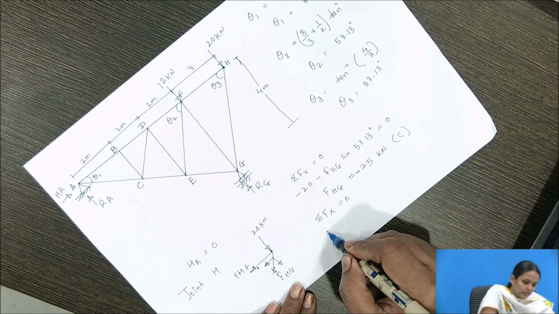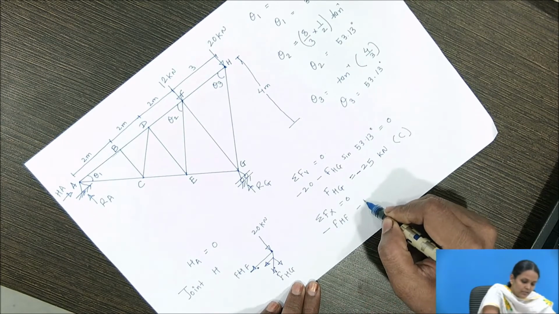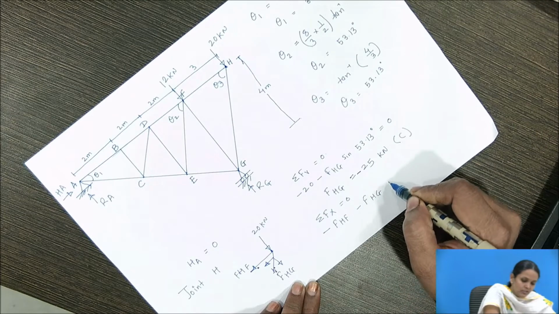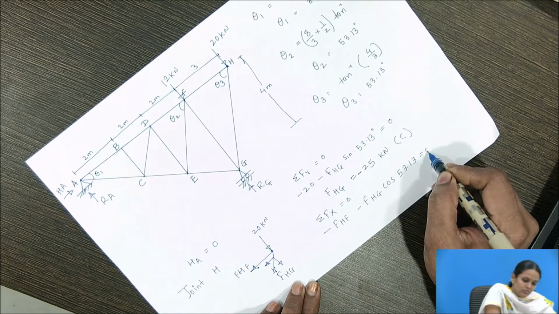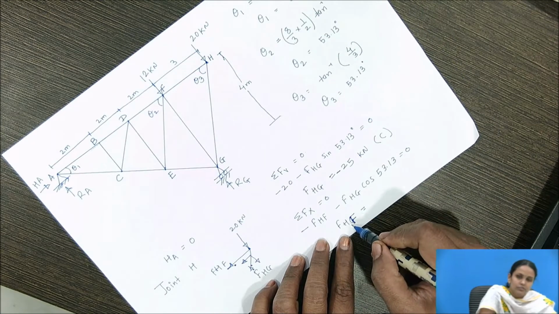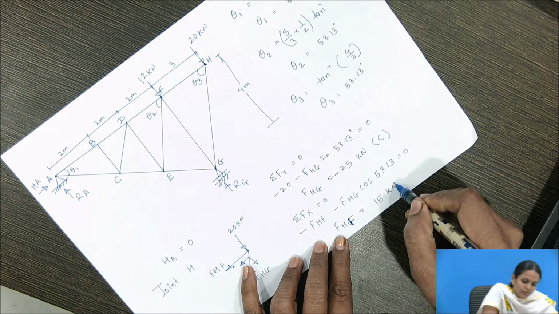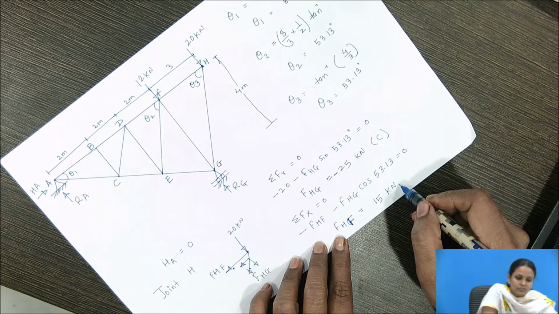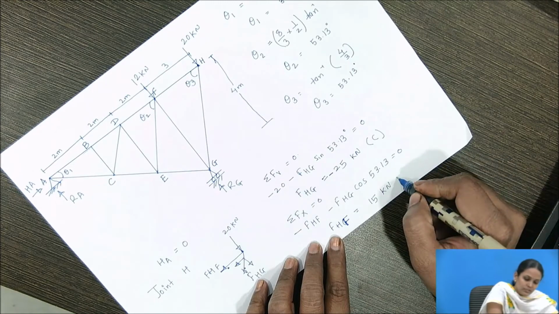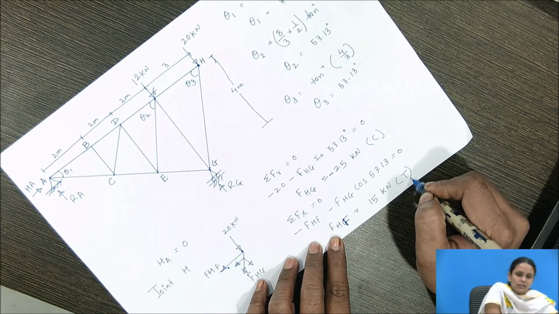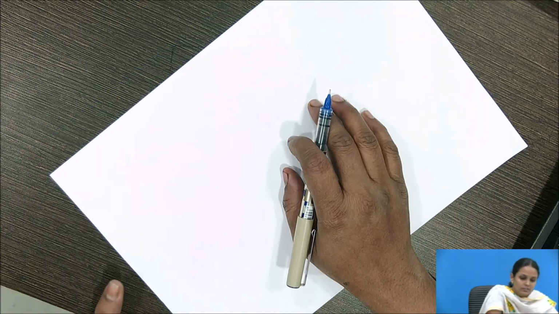The horizontal forces are minus force in HF minus force in HG cos 53.13 equal to 0. We get the force in HF equal to 15 kilonewton. Here we get a positive value, so whatever nature of force we assumed is correct, and it is a tensile force. Next we will calculate the reaction RG.